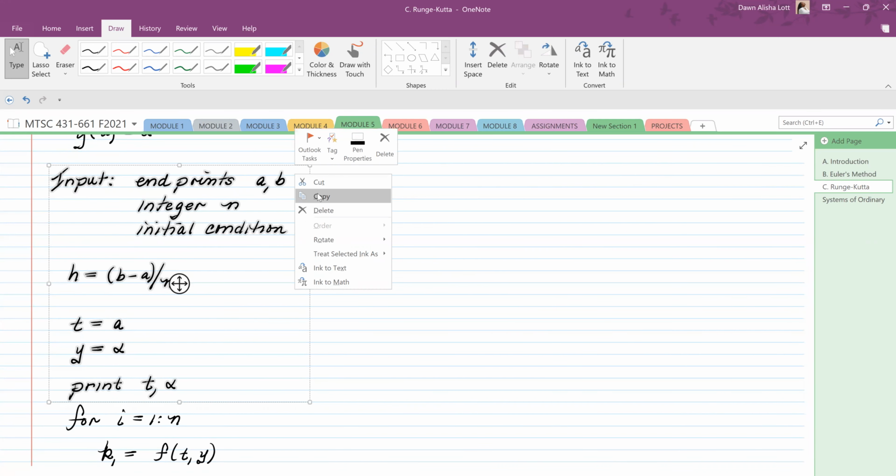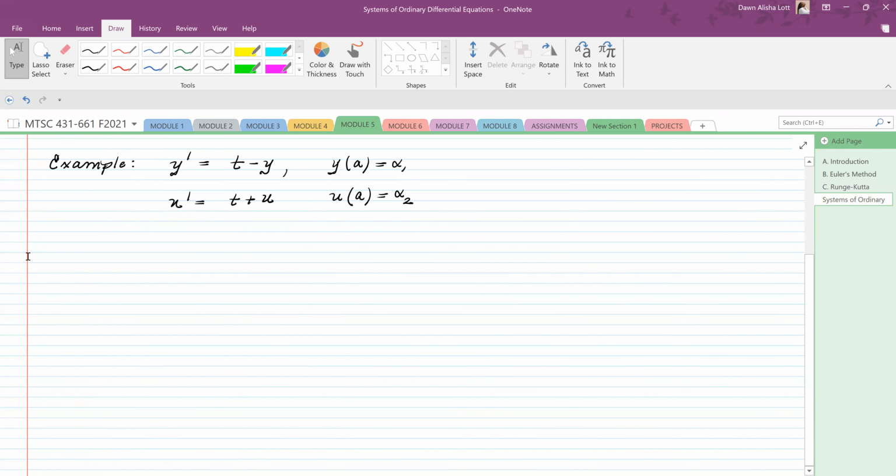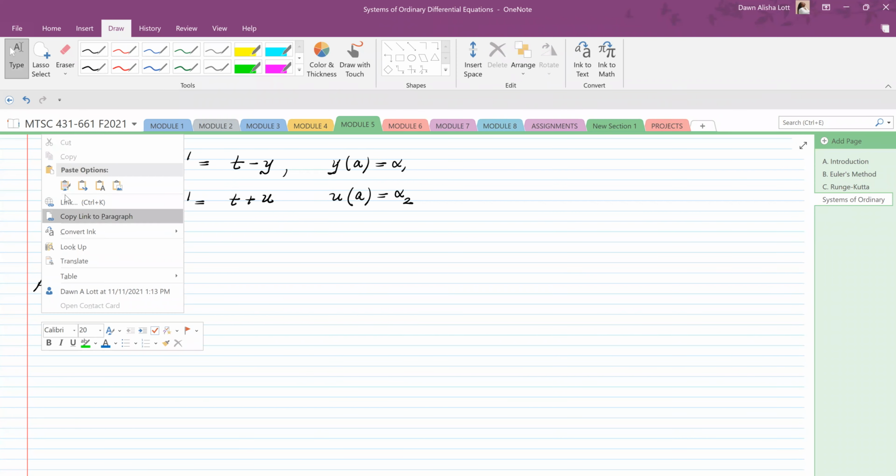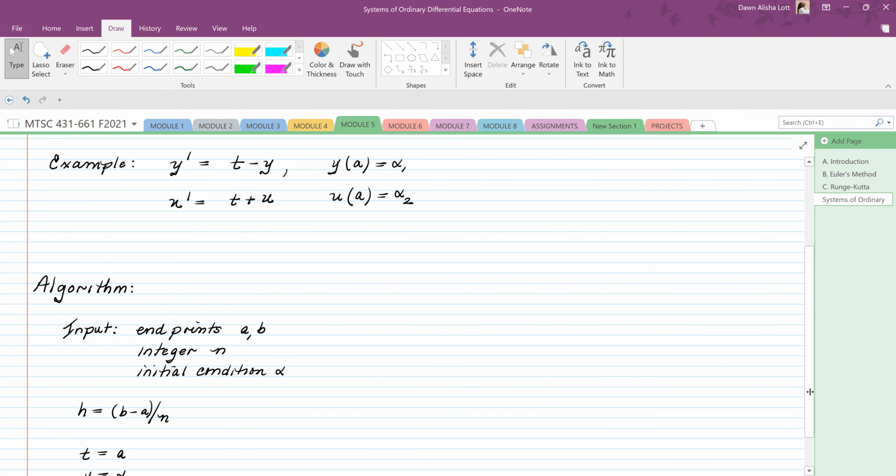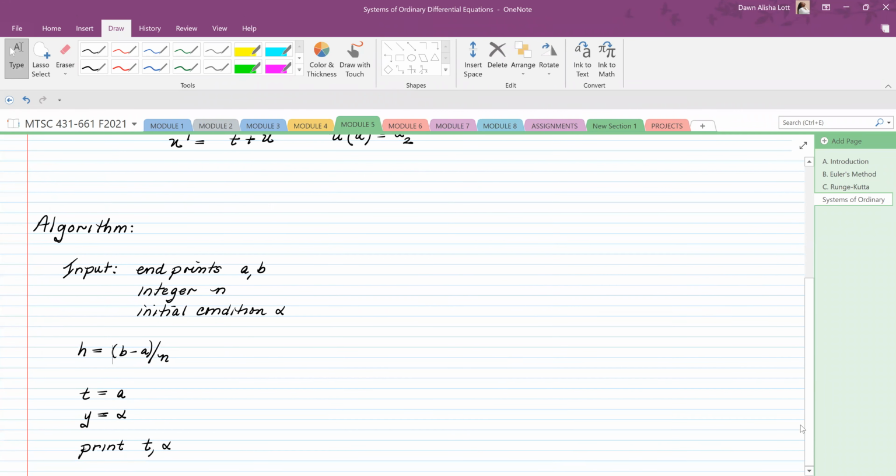We have 3 minutes. Okay, so we need input A and B. Now we need 2 initial conditions, alpha 1 and alpha 2.